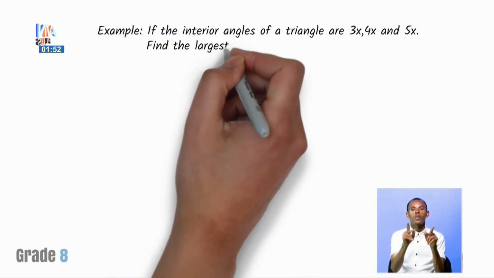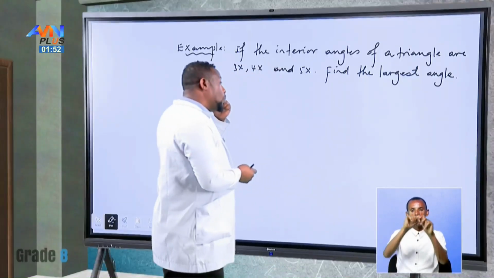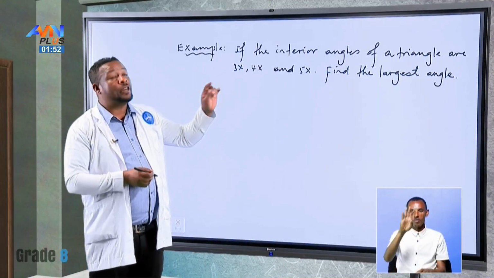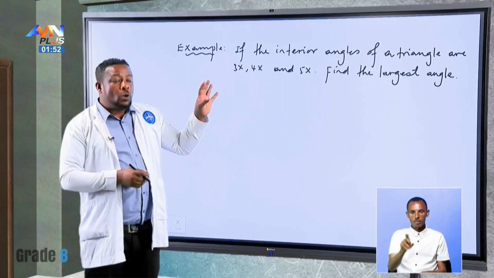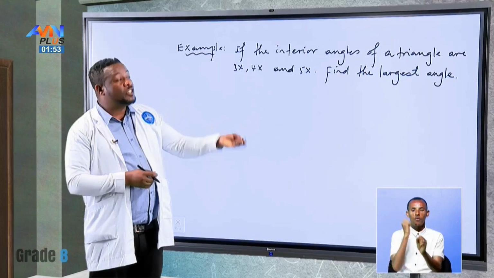Okay, here there is a certain triangle whose interior angles are 3x, 4x, and 5x. So based on this information, we are asked to find the largest angle.